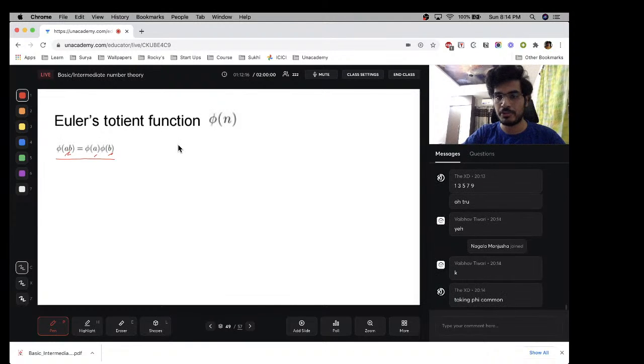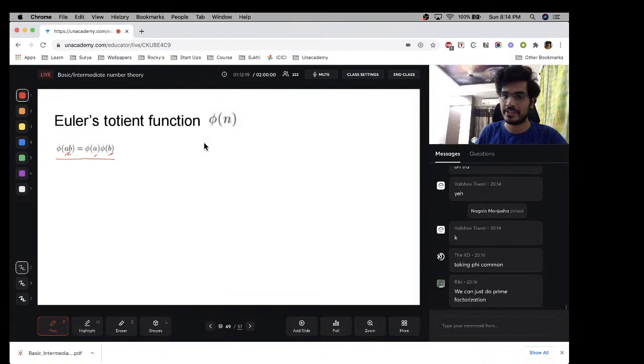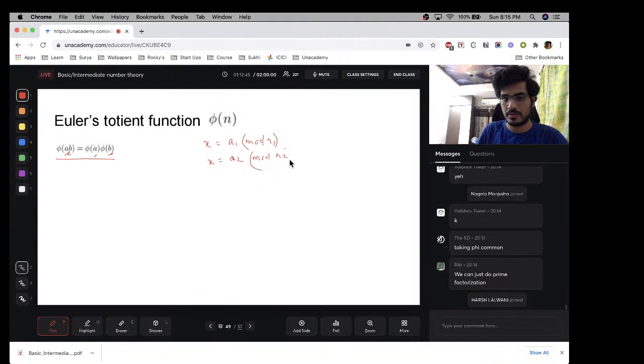Before I forget, let me prove the exclusiveness of Chinese remainder theorem. Let us say x equal to a1 mod n1, x equal to a2 mod n2, and so on up to x equal to ak mod nk.